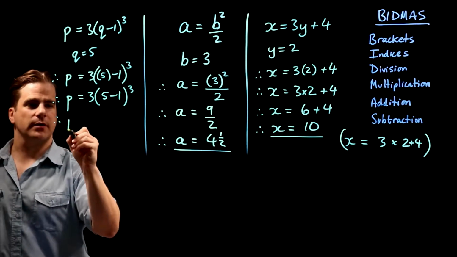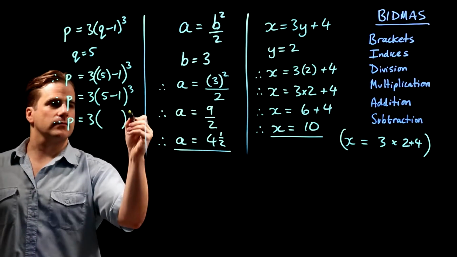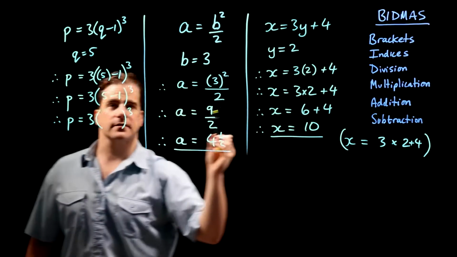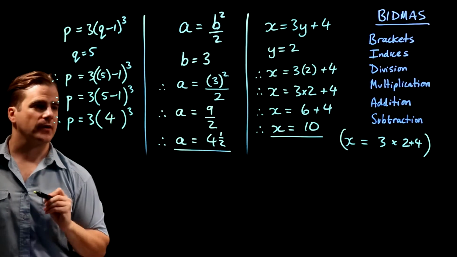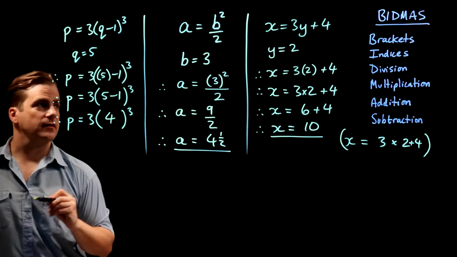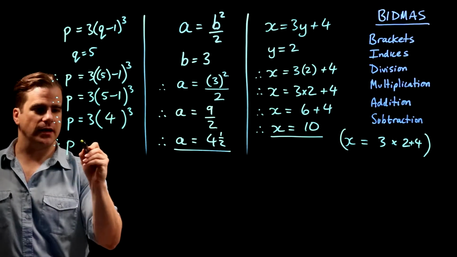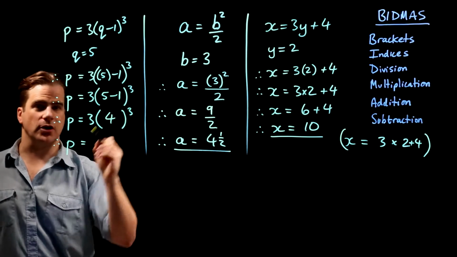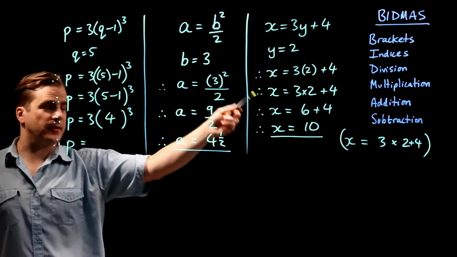So therefore, P is, right, we still haven't finished sorting out the brackets. We have to simplify this. 5 minus 1 is 4. Okay, we've dealt with brackets. Next is indices. So P equals, there's the indices bit, it's 4 cubed. And then we multiply by 3 afterwards because multiplication is lower.